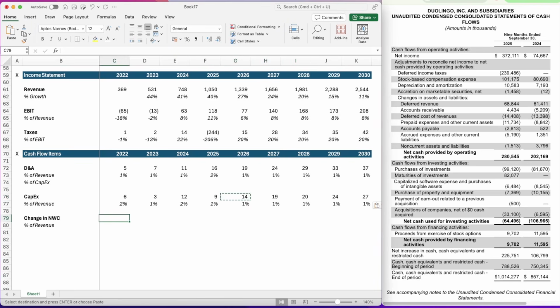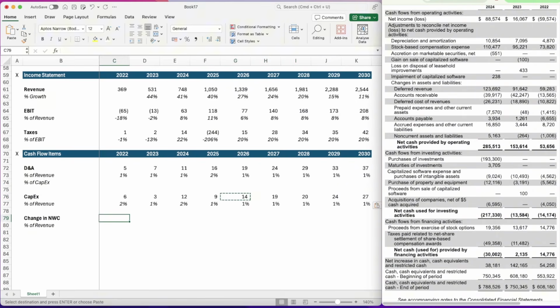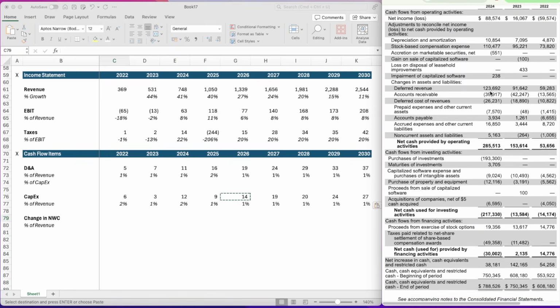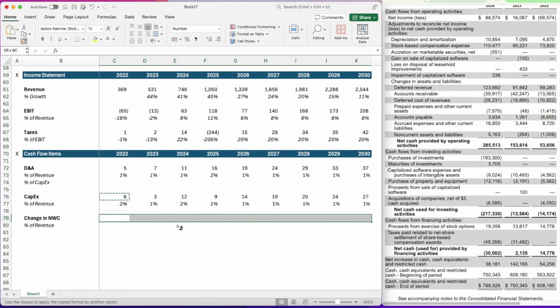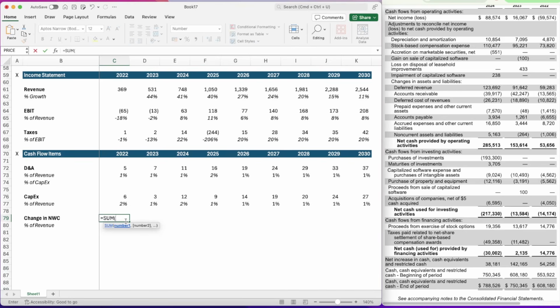Now the change in net working capital. So simply, we just sum all of these. Remember to put the decimal place in brackets, they're negative numbers.